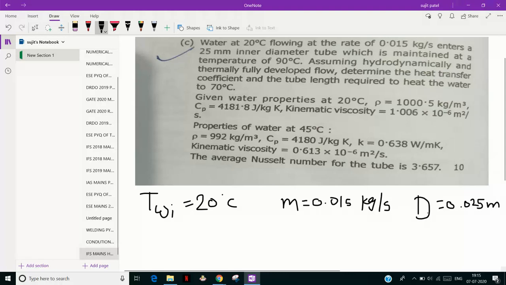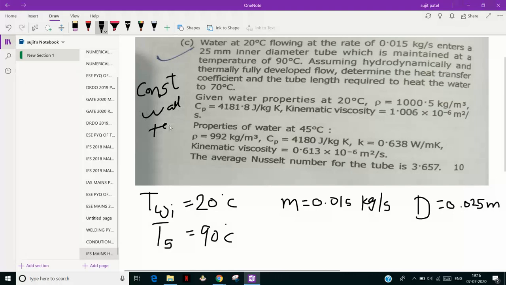And the tube temperature is maintained at 90 degrees Celsius, and it is constant. So 90 degrees Celsius surface temperature, constant. That means this is the question of internal flow with constant wall temperature.